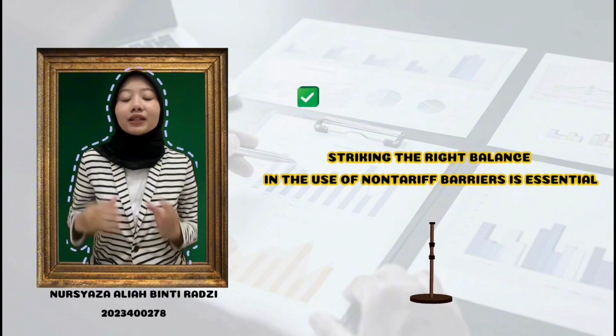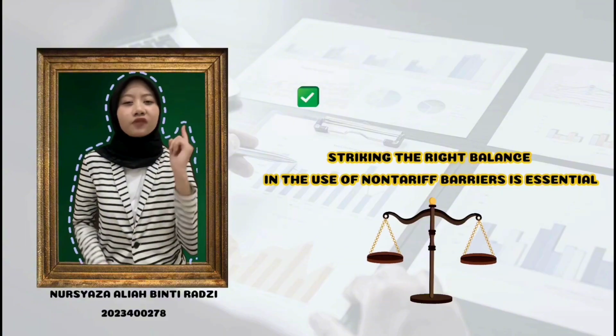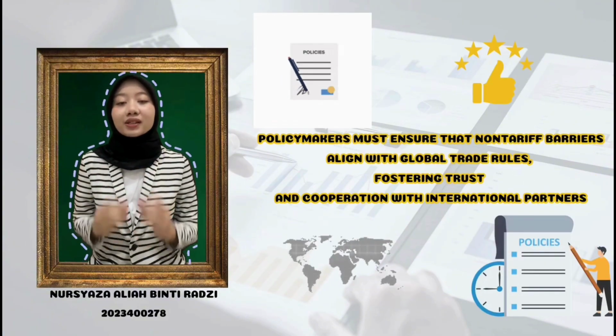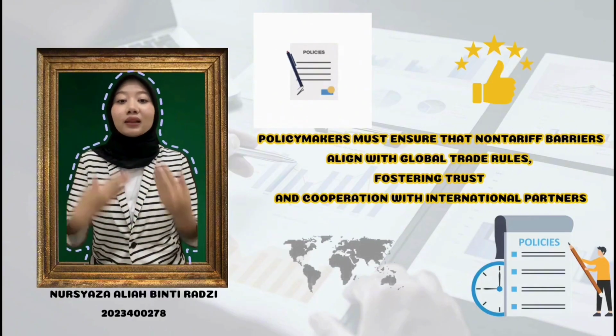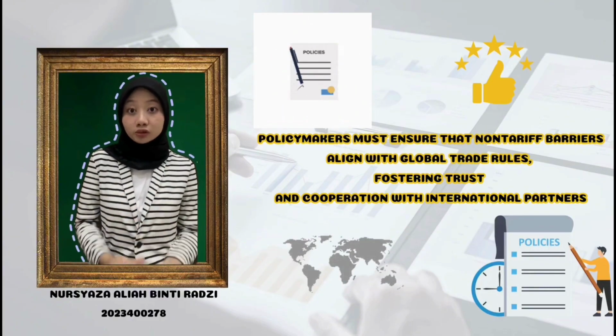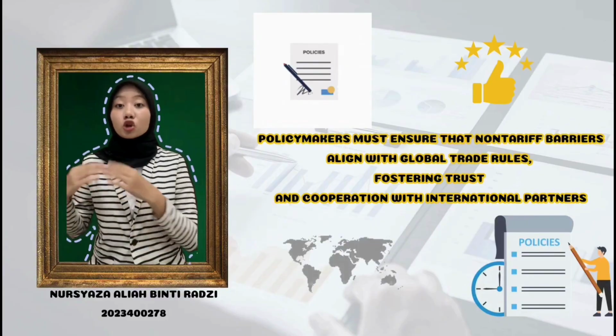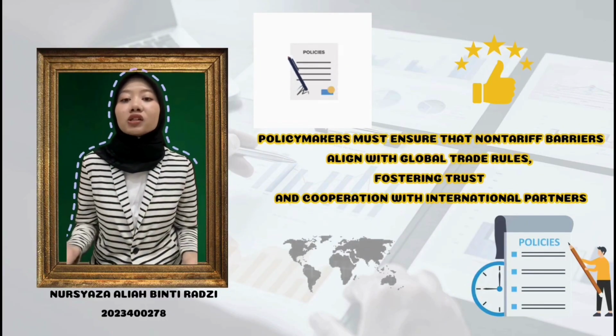So for Malaysia, striking the right balance in the use of non-tariff barriers is very essential. That is why policy makers must ensure that non-tariff barriers align with global trade rules, fostering trust and cooperation with international partners.